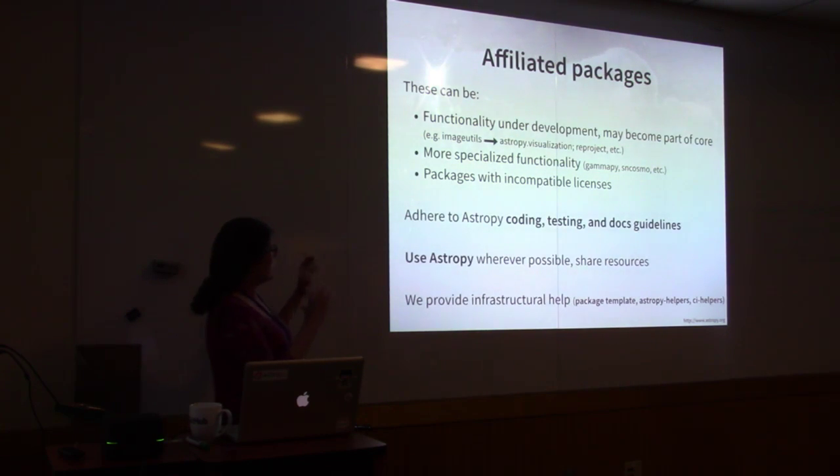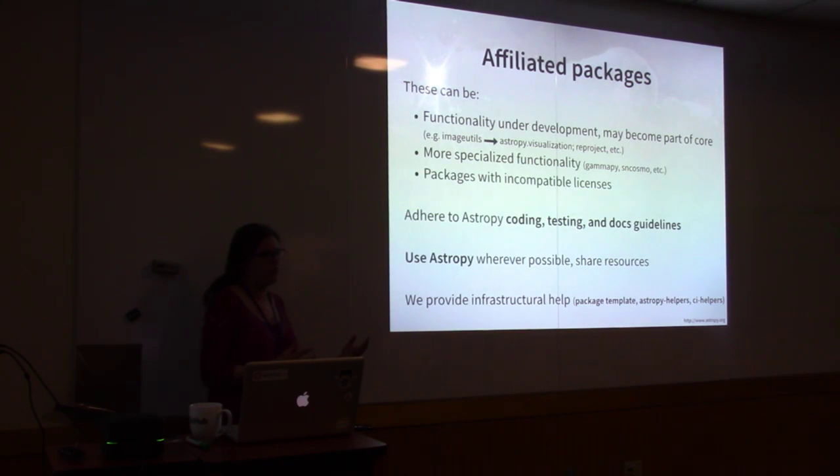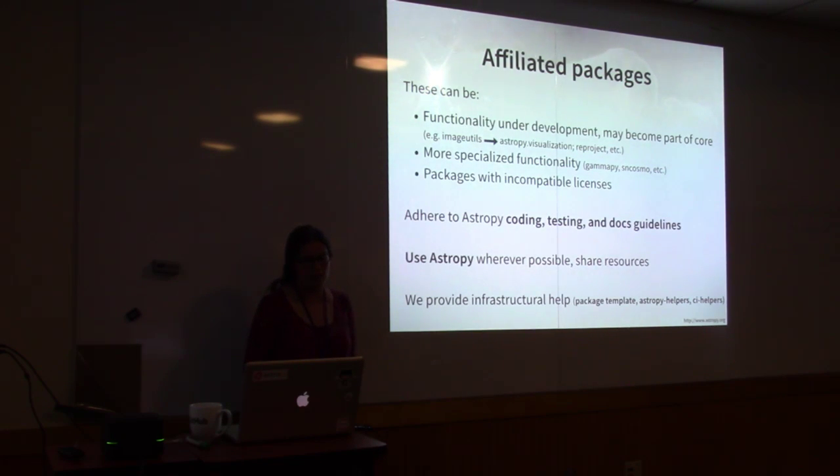The bigger group of affiliated packages are for more specialized functionality. So only a subset of astronomers are ever using it because it's domain specific, like for GammaPy or SNCosmo. And also packages with incompatible licenses can be affiliated packages, so you don't have to have the same license as Astropy core to be an affiliated package.